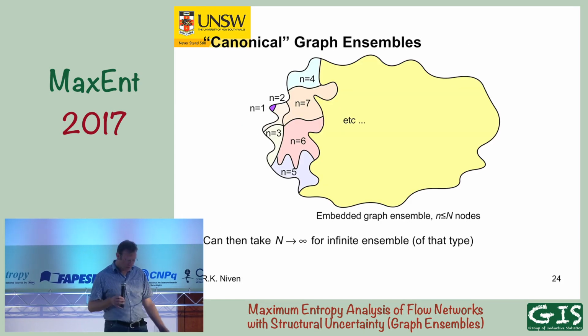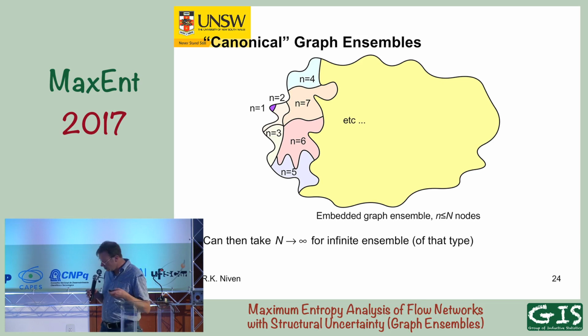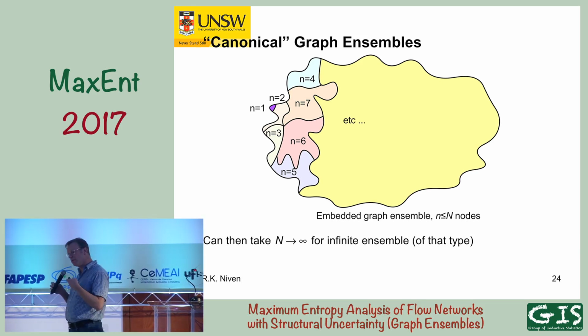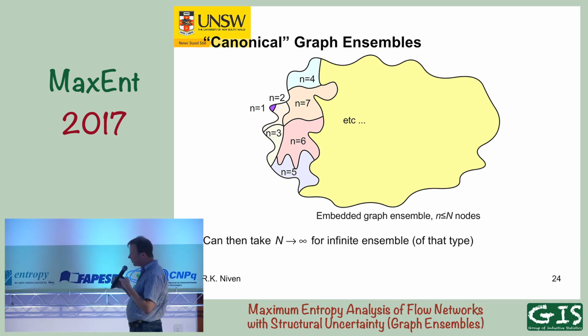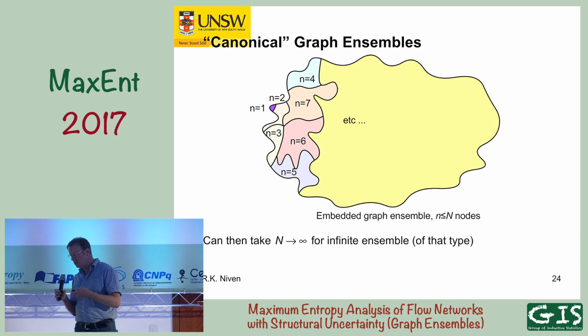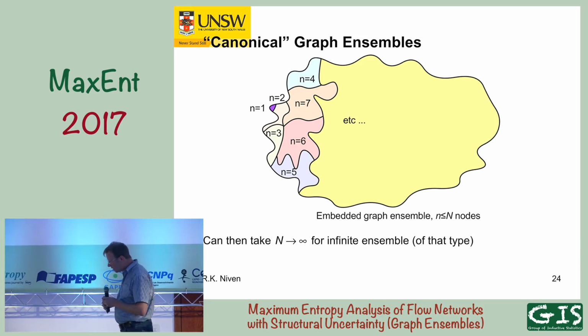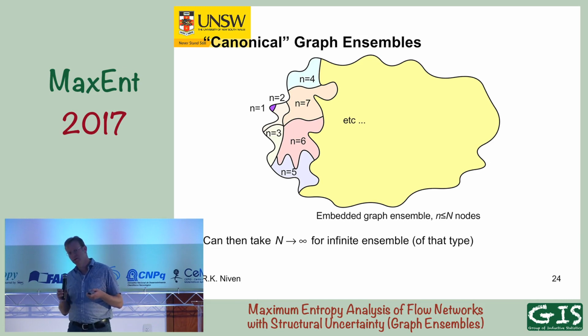Okay, all right, so there's a few examples. Now, these examples were all for ensembles with a fixed number, capital N, of nodes. What we can do then is take each of those and embed them in a higher order structure where you've got an ensemble of graphs of any number of nodes up to capital N. And so you just build them up like so.